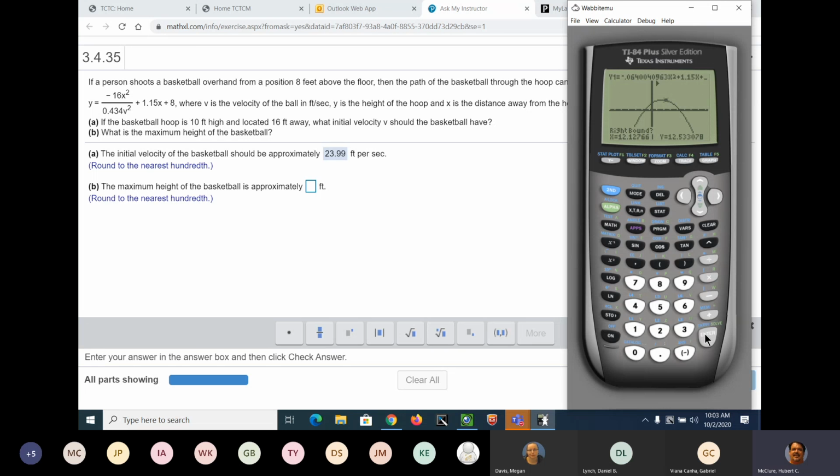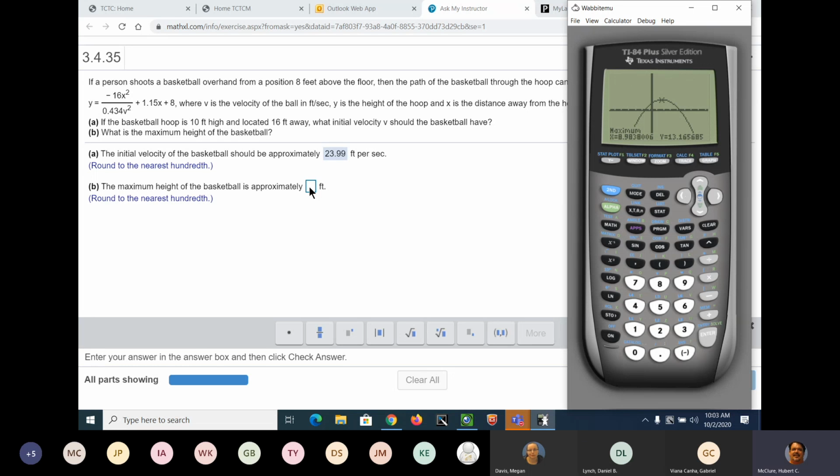There's the right. And here's the vertex, y'all. There it is at 8.98 feet. At 8.98 feet, the y is 13.17. So that's your answer.